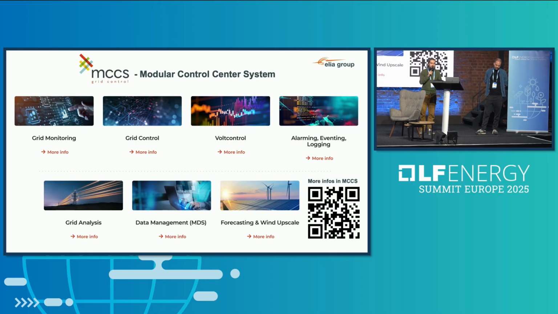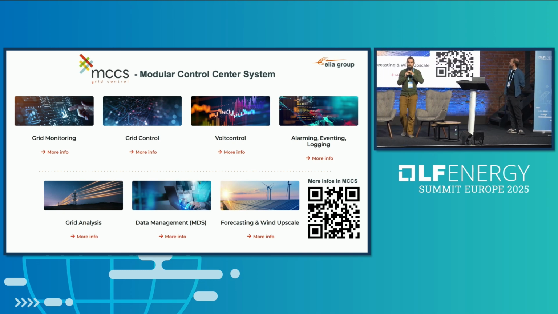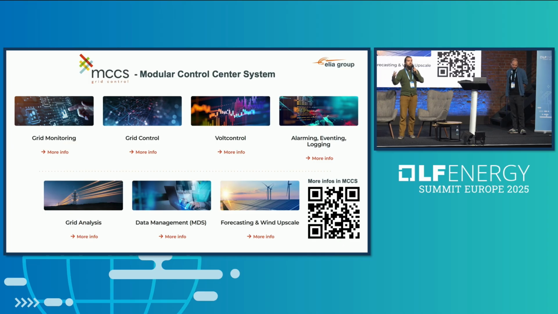Before I dive in, I also want to say a few words about an initiative we have called MCCS, the Modular Control System Software, in which we also integrate. The idea behind MCCS is to write a platform for different modules.